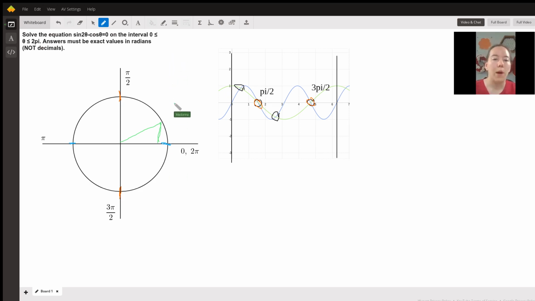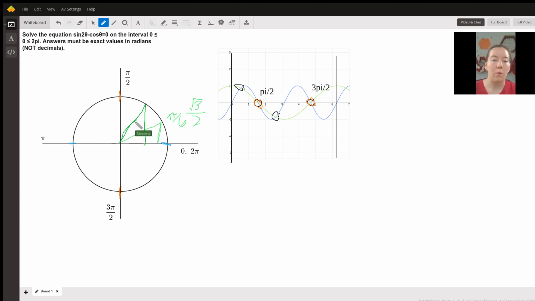So for pi over 6, I know that the value of cosine is adjacent over hypotenuse. And if this is a 1, 2, root 3 triangle, that would be square root of 3 over 2. And now I'm going to try twice that angle. So pi over 3. This is another 30, 60, 90 triangle.